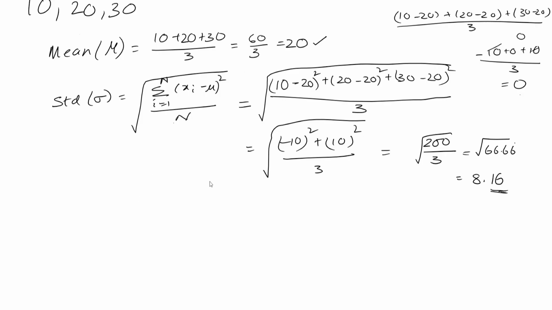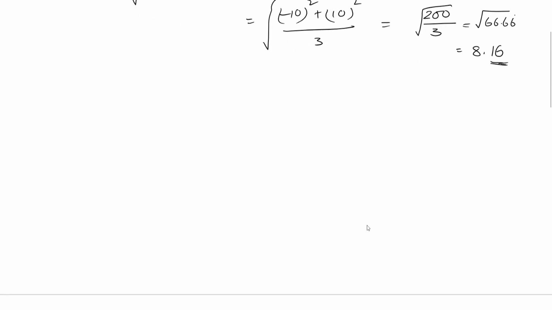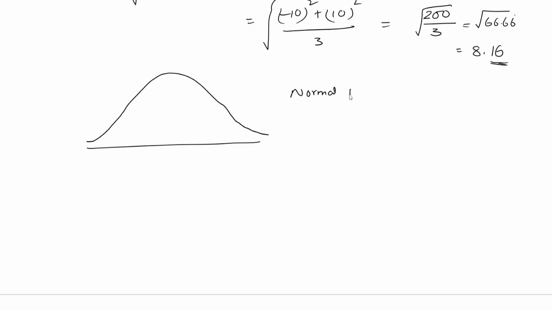Right. So let's move this a bit up here. So in statistics, we have the data distribution like this. This is called a bell curve or a normal distribution.